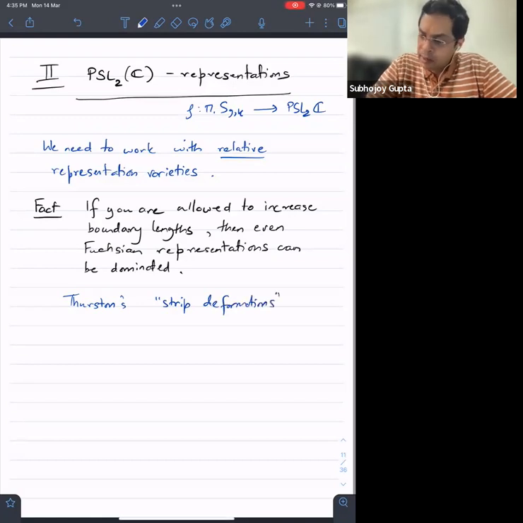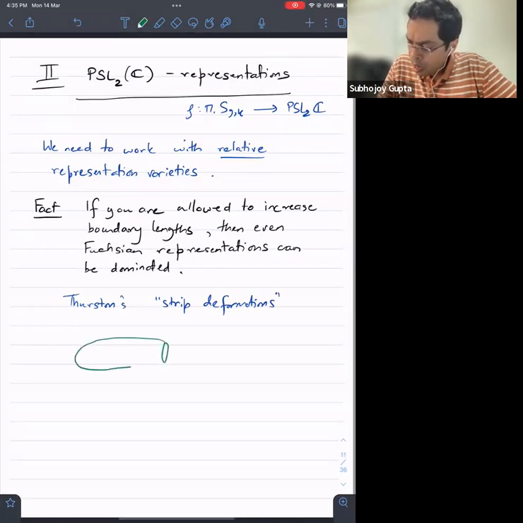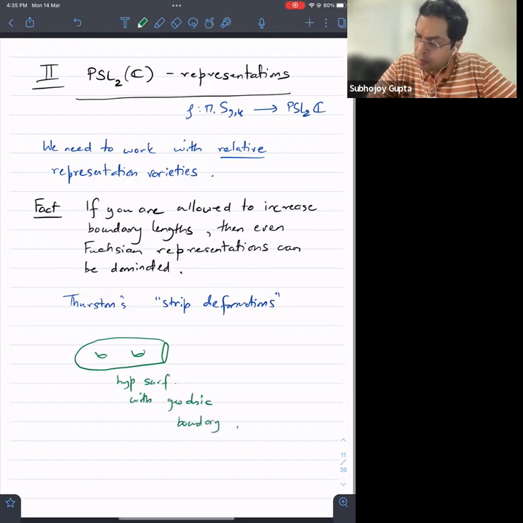Maybe I'll just quickly say what that is. If you start with a hyperbolic surface with geodesic boundary, so there's a Fuchsian representation for the punctured surface group now.